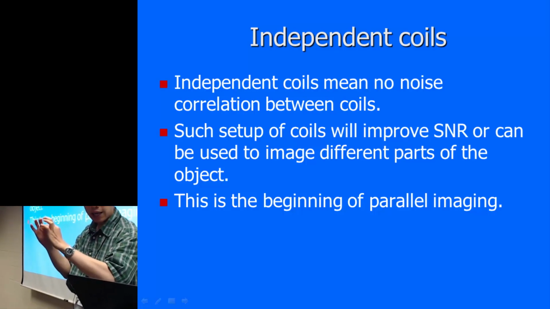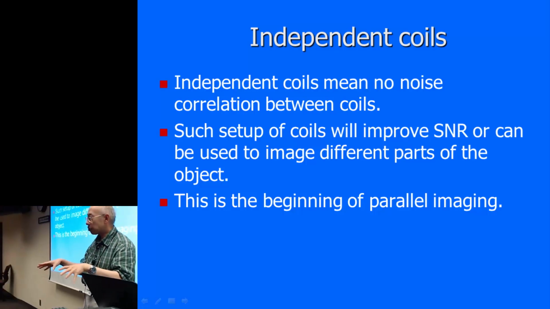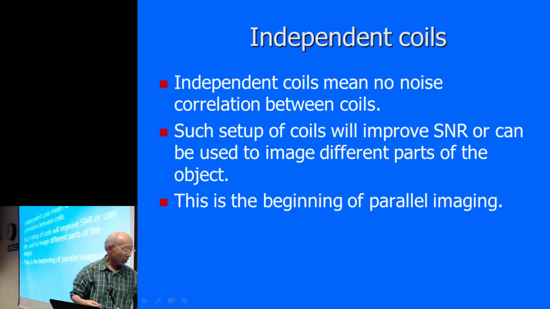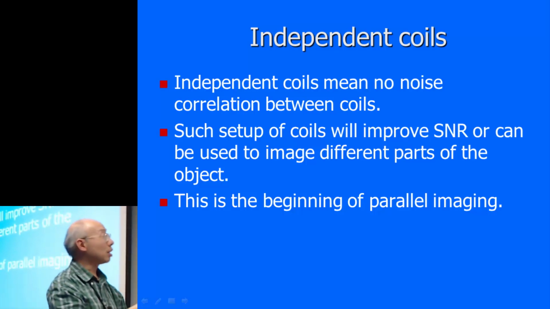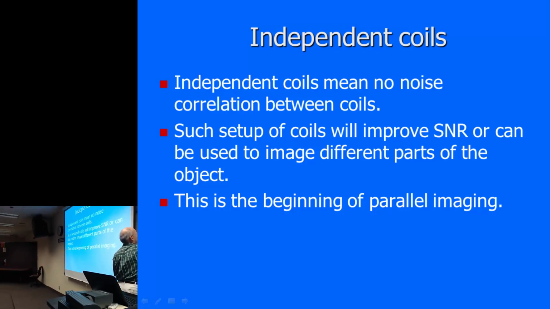If you can do that, then you can improve the signal to noise ratio of your images. Now why is that? The reason is kind of simple. Just imagine I use this coil to pick up some signal and I have some noise. Noise is represented by some uncertainty, let's say sigma.